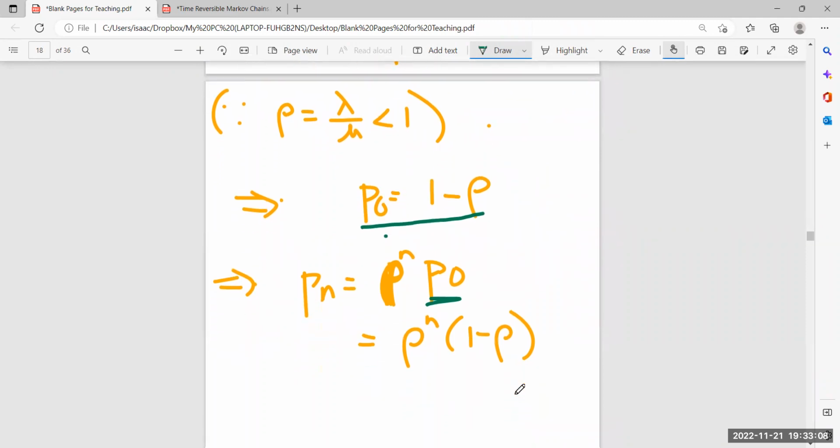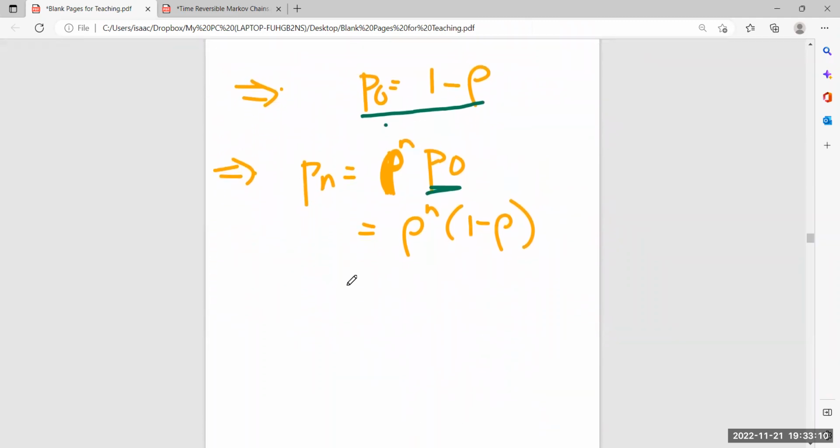So now we have the steady state probabilities, right? At n, Pn is given by 1 minus rho times rho to the n. So that means that we know everything about the distribution now, because we could find any probability and we could find all these fancy terms that we spoke about.